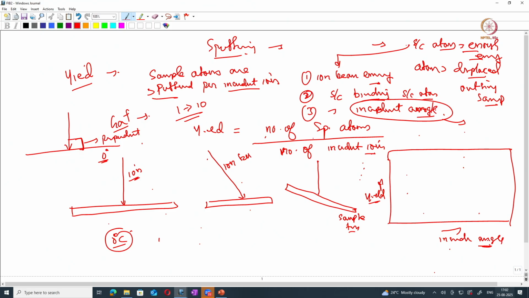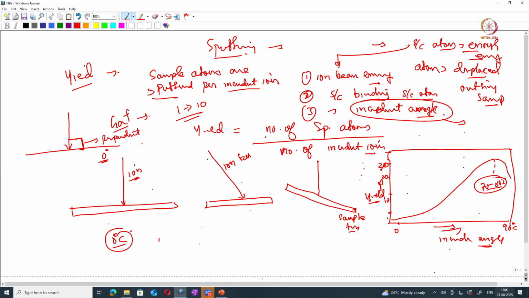If this is a scale of 30, 20, 10, as your angle increases from 0 to 90 degrees, your sputtering yield also increases, and it reaches a maximum at a certain angle between 70 to 80 degrees, where your yield is much higher, correct?